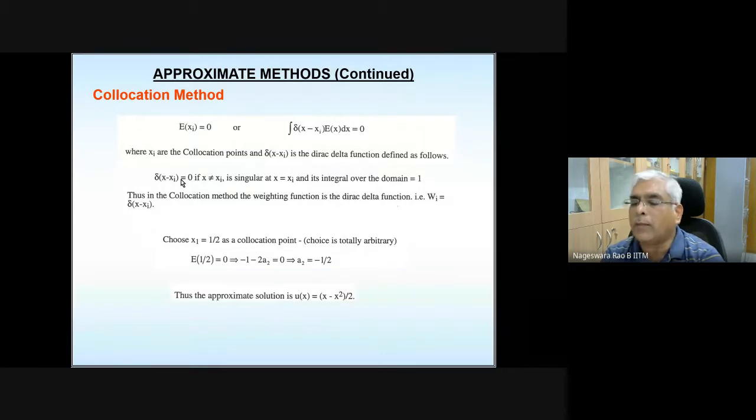You have an infinite number of points between 0 and 1. You can choose any of those and force the error at that point to be equal to 0. So that is the reason it's not necessary that everybody gets the same answer in the collocation method. And if somebody is lucky enough to choose the right collocation point, their approximate solution is going to be more accurate. So that is the limitation of this collocation method.